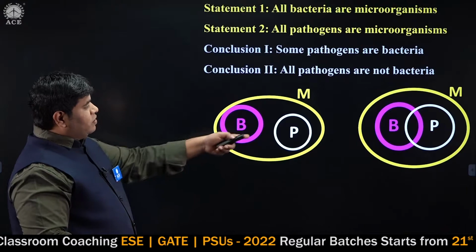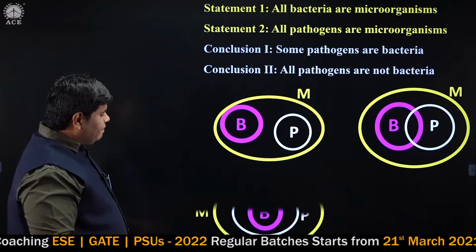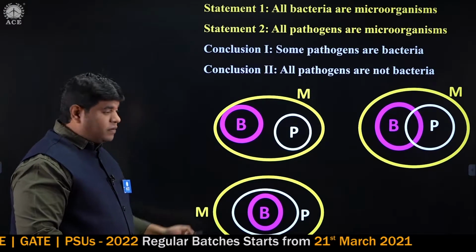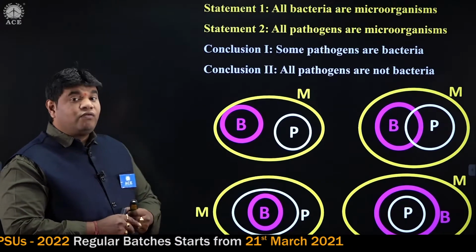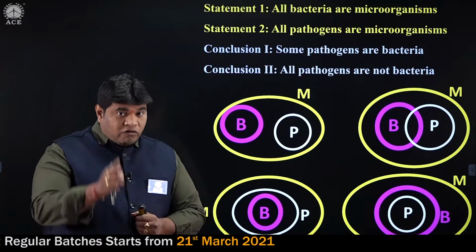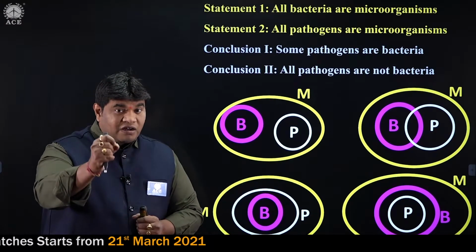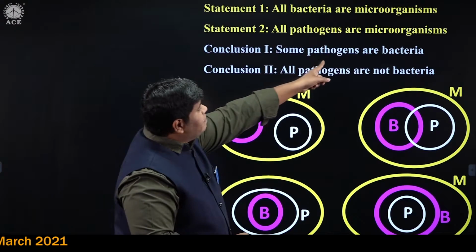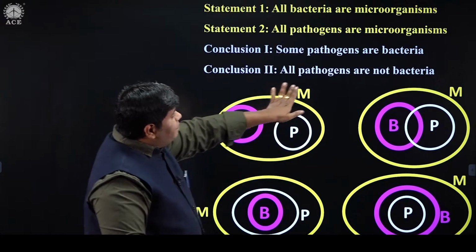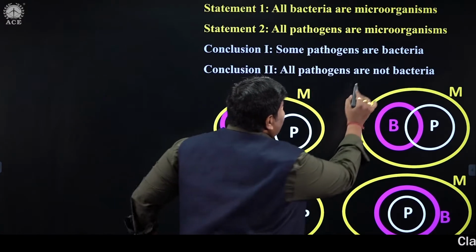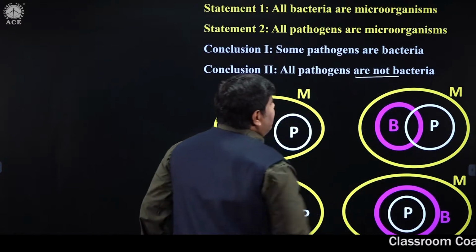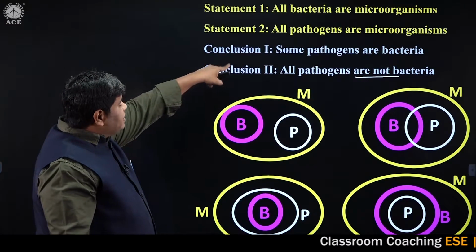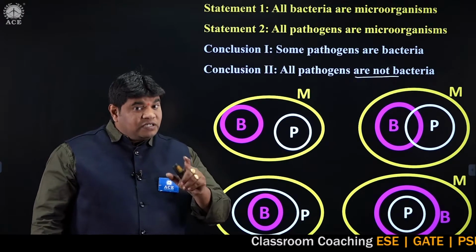Observe here, this is one chance. Maybe intersection, or like this, or like this. So we have 4 chances. Out of the 4 chances, what conclusion can you give logically? That is the point. The conclusions are: some pathogens are bacteria, and all pathogens are not bacteria. Based on these 2 conclusions, which option is satisfied?